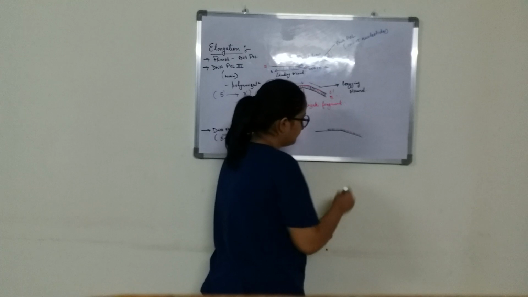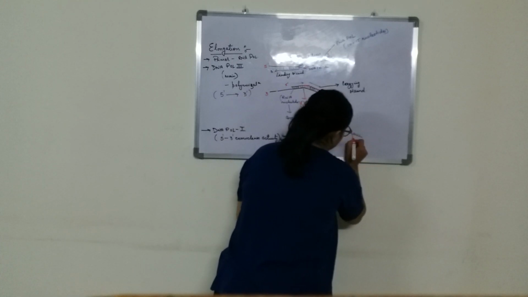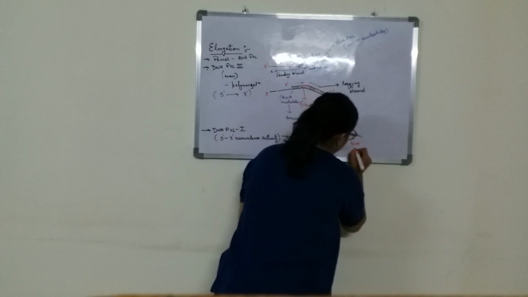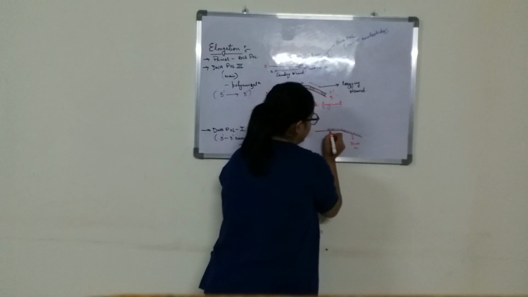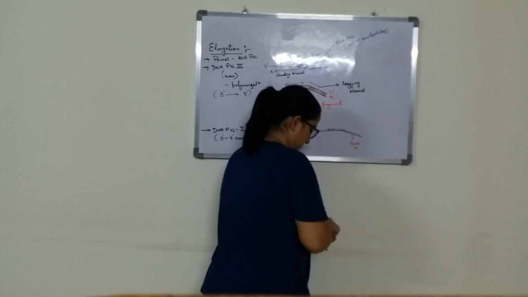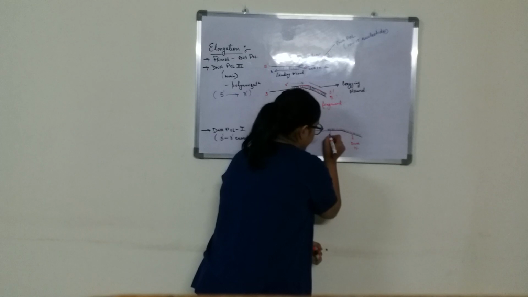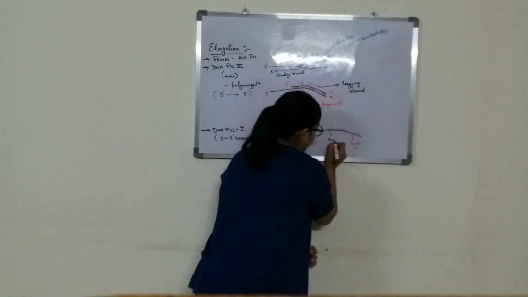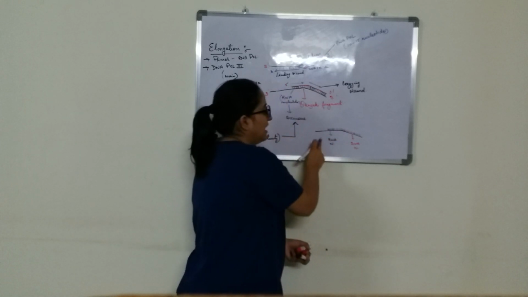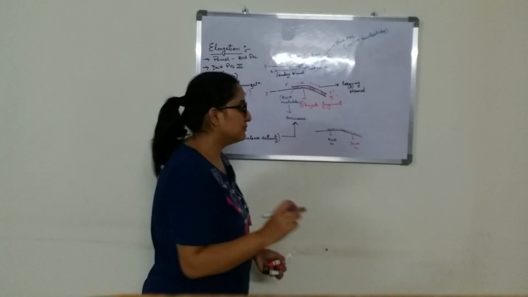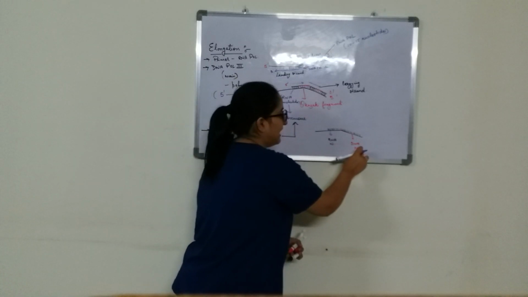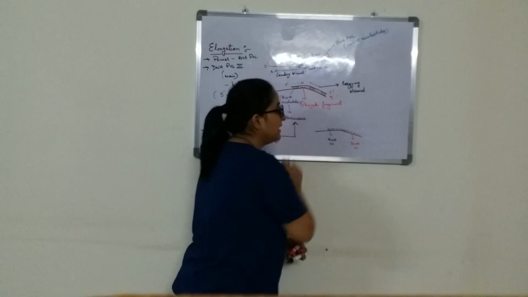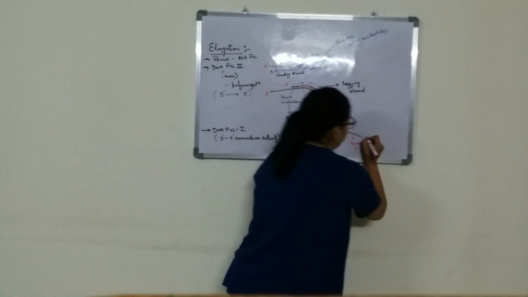For example, if this is a DNA nucleotide and this is the RNA nucleotides, RNA nucleotides added by the primer and DNA nucleotides added by DNA pol 3 on the lagging strand.